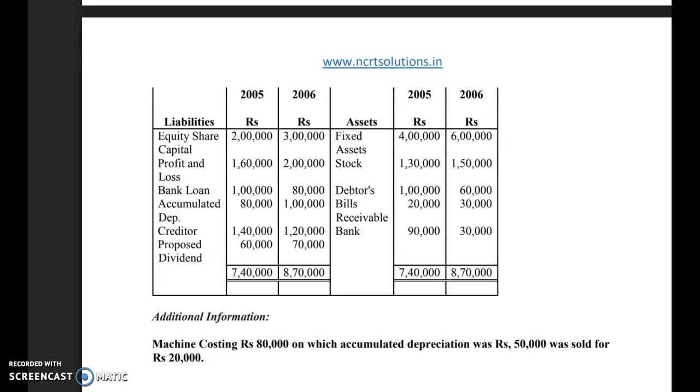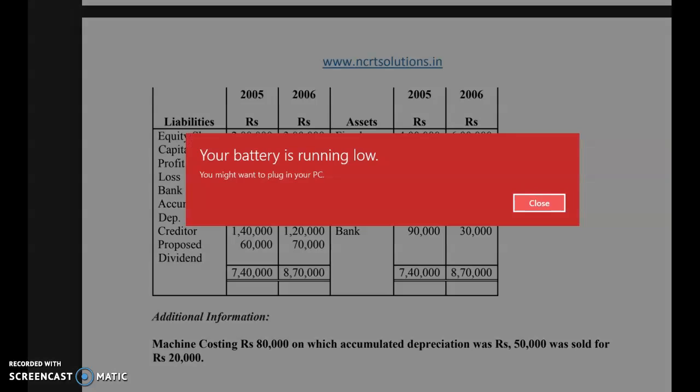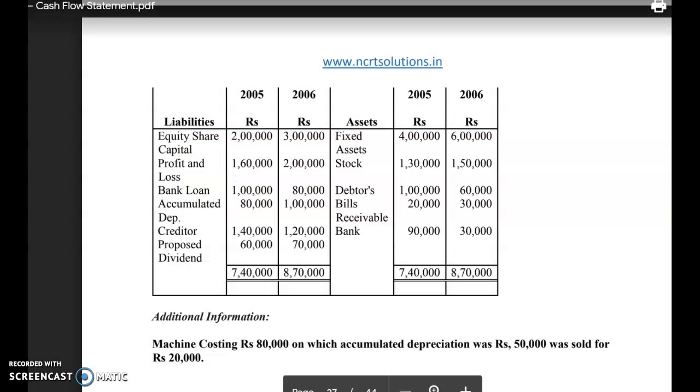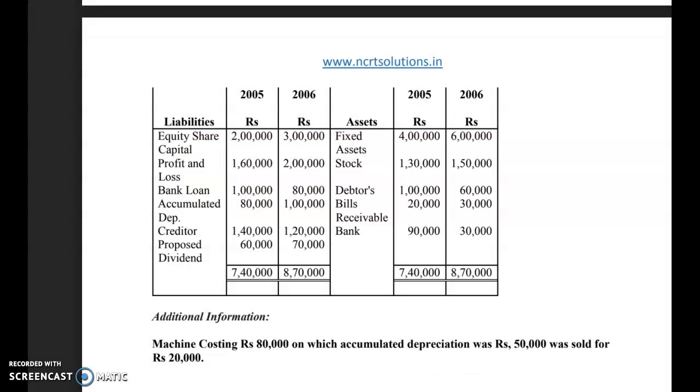If any additional information is given regarding this, you have to prepare a separate account to find out the missing information, that is, whether it is the payment of the tax or the provision for income tax.